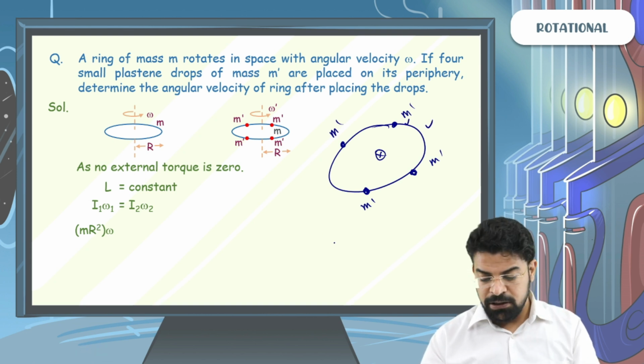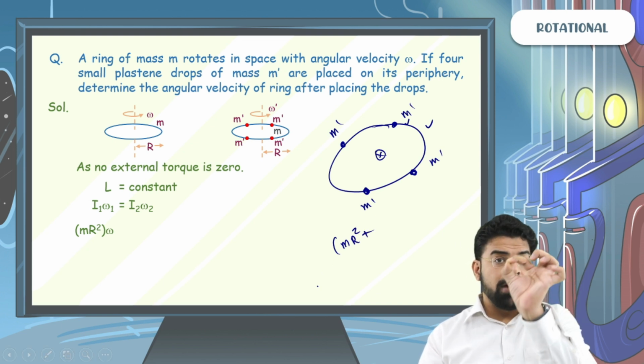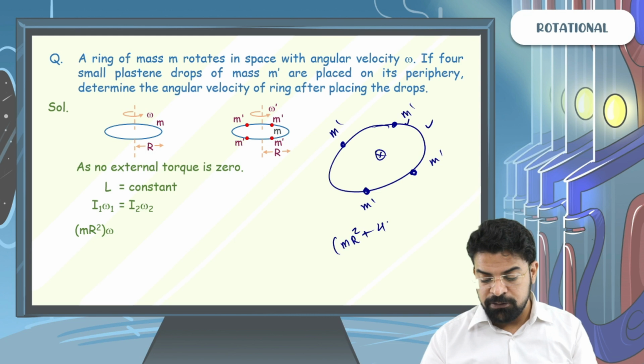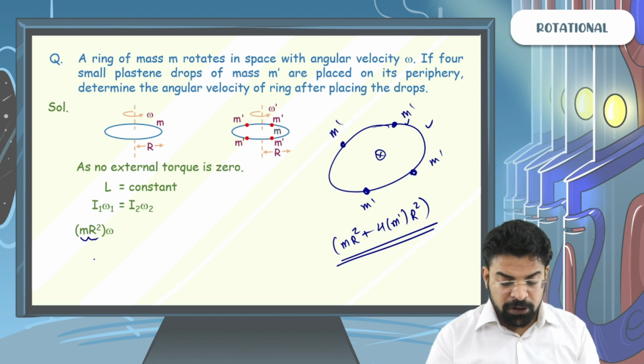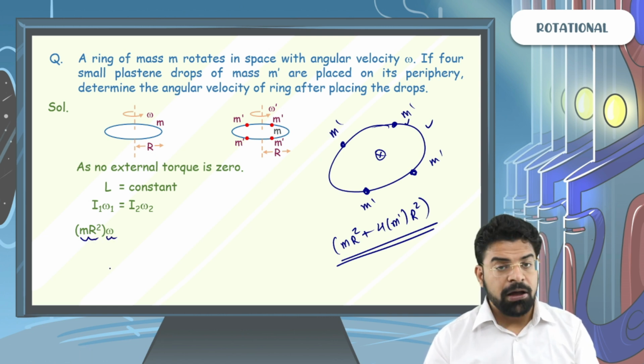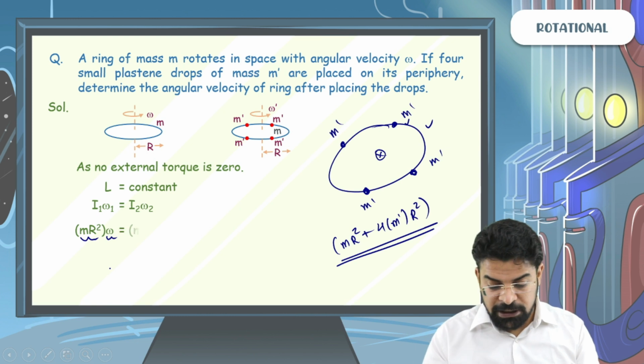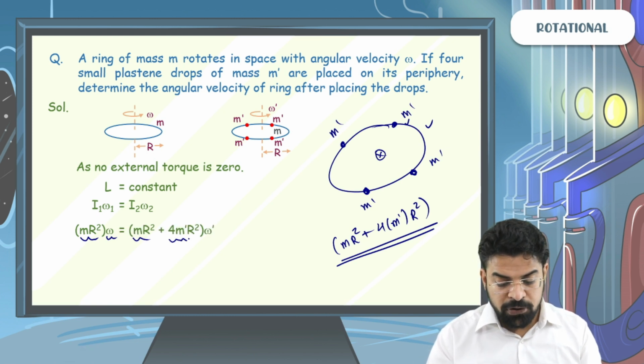Because of the ring, the moment of inertia will be mr square. Because of the 4 small masses, plasticine drops, the moment of inertia will be 4 into m dash into r square. So this will be the final moment of inertia. So initial moment of inertia mr square into initial omega equals the final moment of inertia, that is mr square plus 4 m dash r square into the final omega.